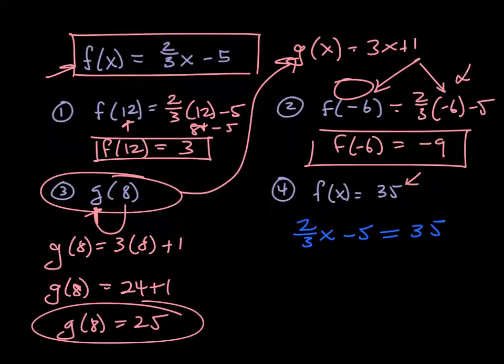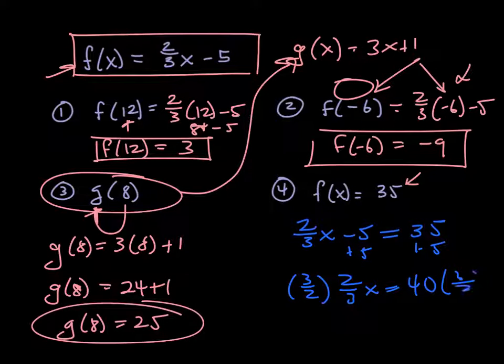So I make an equation stating that it will, and then I solve it. Add 5 to both sides. I get 2/3 x equals 40. Divide by 2/3, or multiply by the reciprocal of 3/2, and you'll get x equals 60.